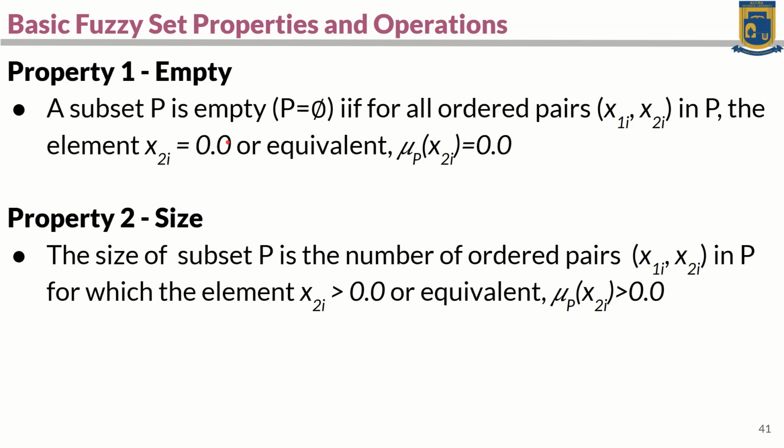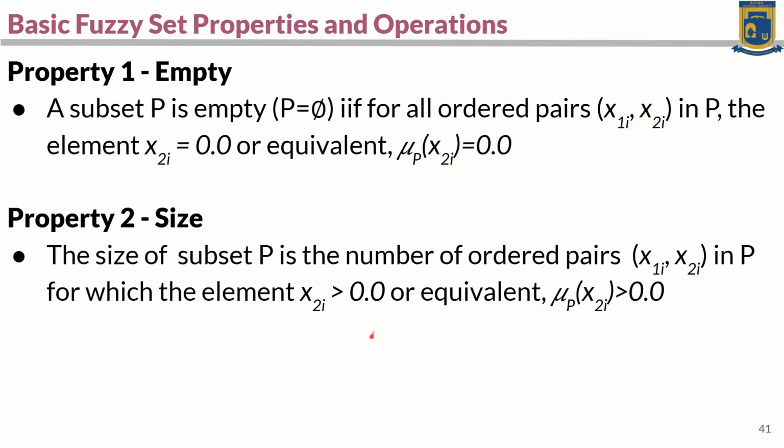Then we also have the size. Remember we learned about cardinality, the cardinality of a set. I hope it's still in your head. When we talk about a size, we are talking about the members which have a degree of membership not equal to 0.